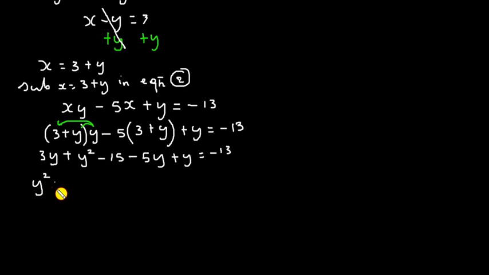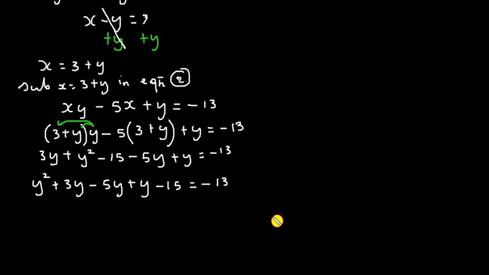So we write plus 3y minus 5y plus y. And we have negative 15 down here, so we write minus 15 equal to minus 13.